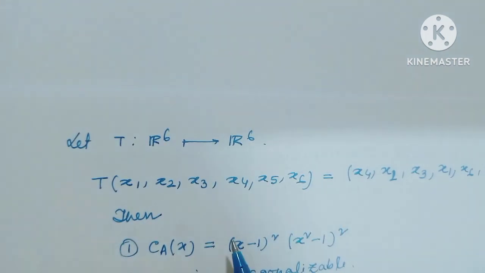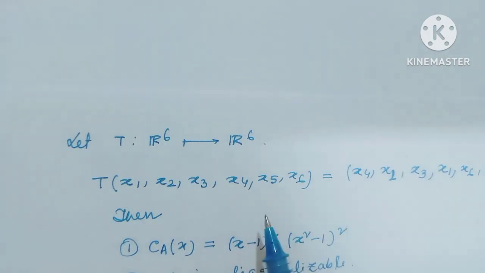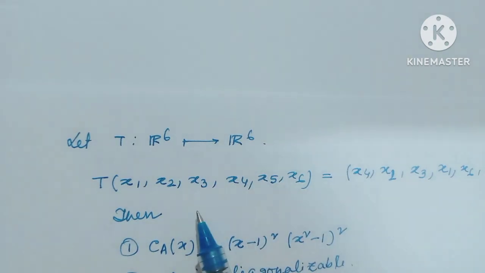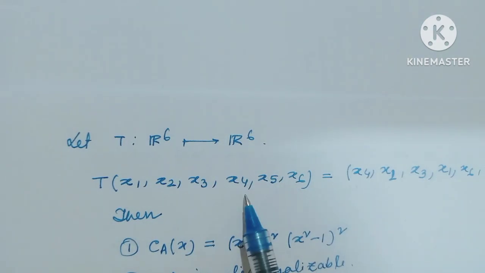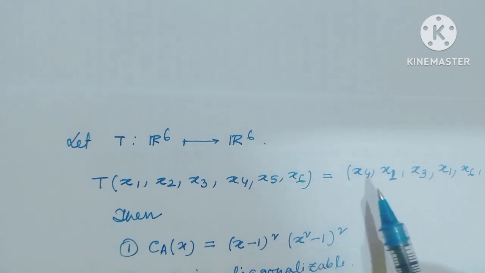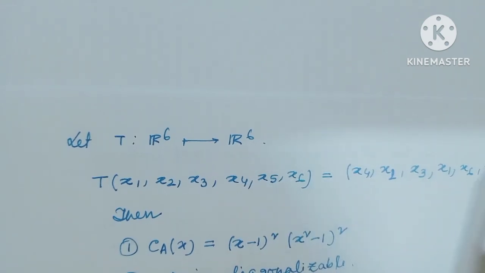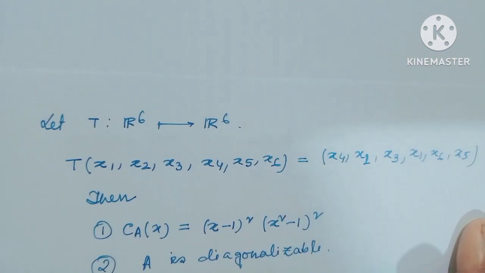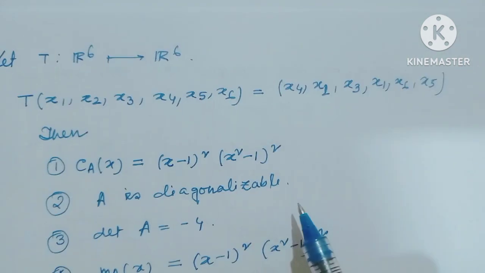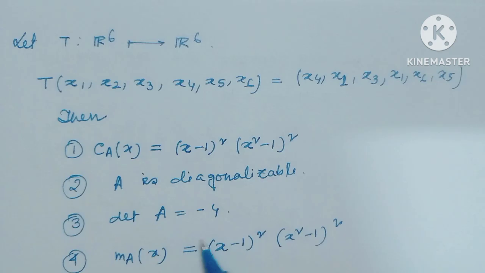Next question. T is a map from R6 to R6 such that T of x1, x2, x3, x4, x5, x6 maps to x4, x2, x3, x1, x6, x5. The question is about the characteristic polynomial, whether A is diagonalizable, the determinant, and the minimal polynomial.